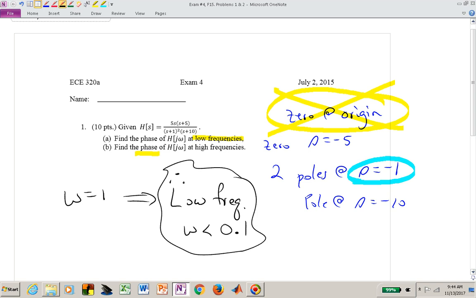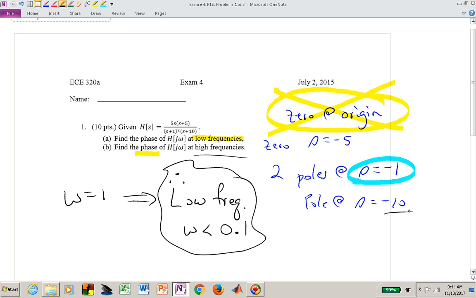And what we mean by high frequency is really after every pole and zero has contributed and fulfilled all of its phase contribution. That means that for high frequencies, we need to be more than a decade beyond the highest frequency.